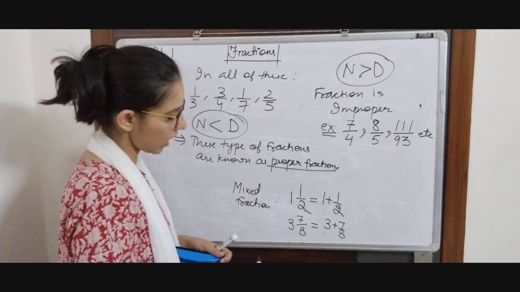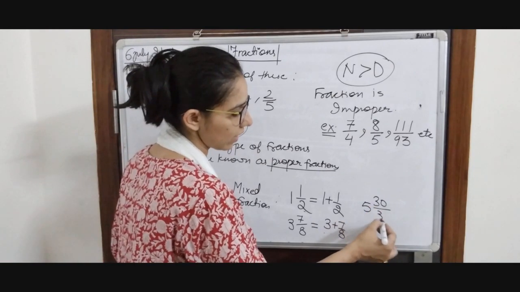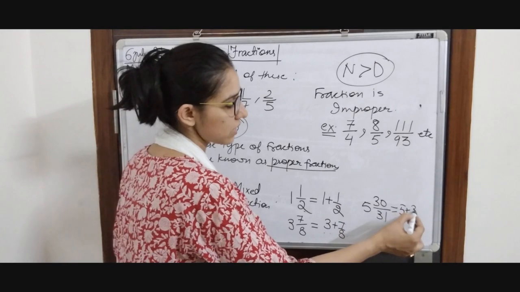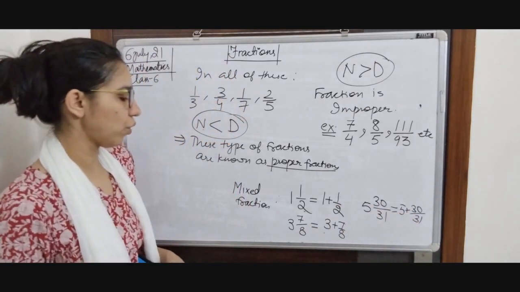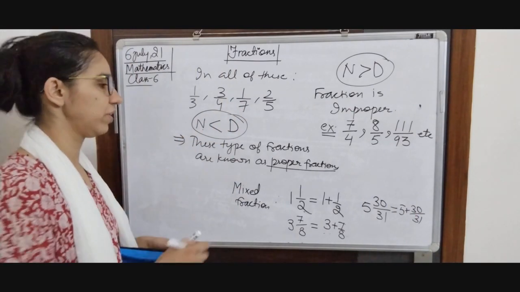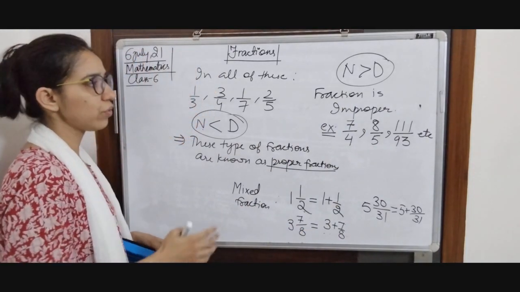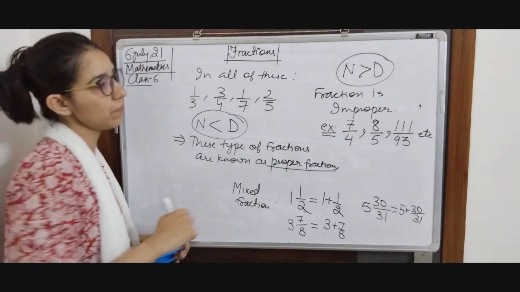Or you can write 5 30 by 31. So this is 5 whole plus 30 parts of 31. So these kinds of fractions are known as your mixed fraction. So three types of fractions: proper, improper and mixed. Proper are those in which your numerator is less than denominator.